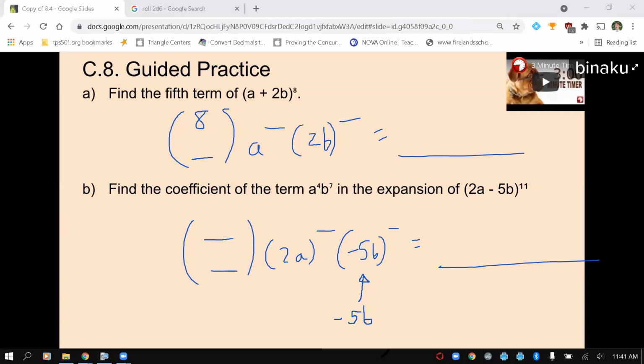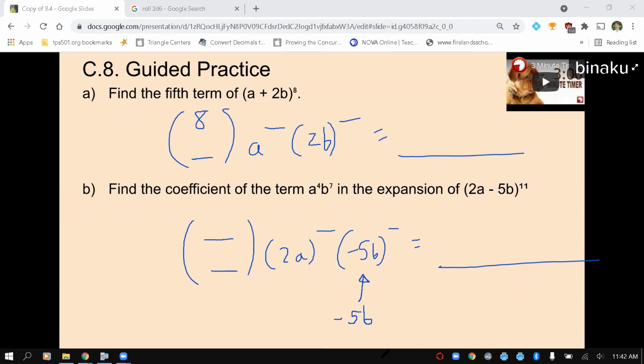Times 16. Well, I mean, do it full. Got this, times now we're gonna times that by negative 5, parentheses, negative 5, close parentheses to the 7.